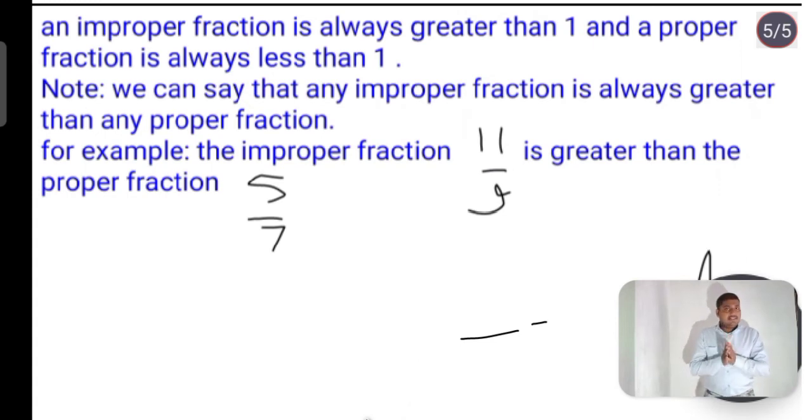Now we can say by the above definition that any improper fraction is always greater than any proper fraction, because the value of an improper fraction is always greater than 1, but the value of a proper fraction is always less than 1. For example, the improper fraction 11 upon 9 is greater than the proper fraction 5 upon 7.